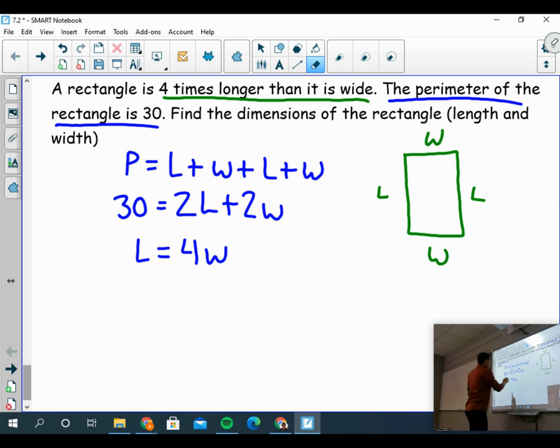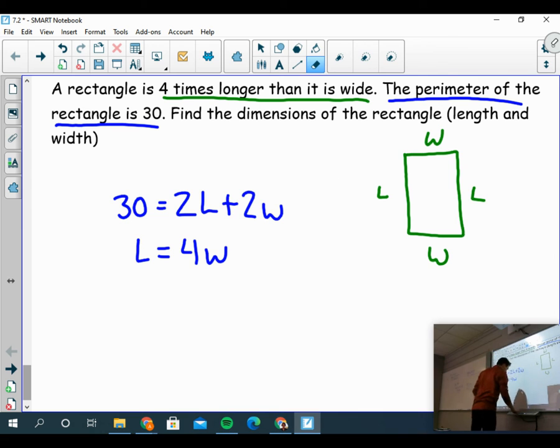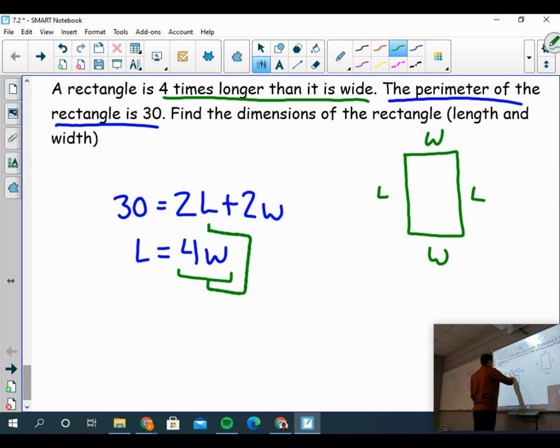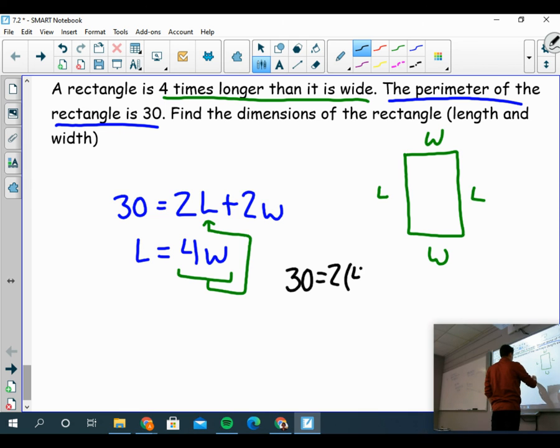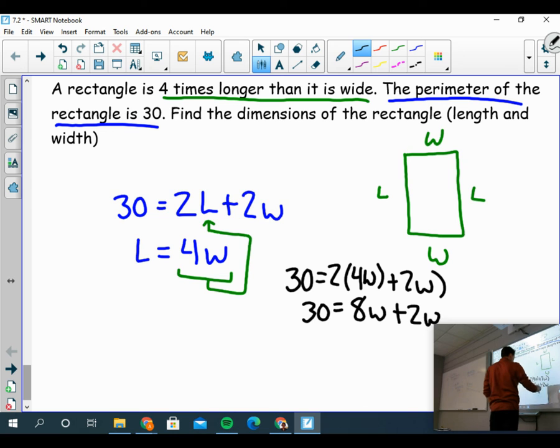Okay, so what we have here now is 2 equations, and not only do I have 2 equations, but already one of my variables is by itself, so I can jump straight to substituting. Let's put 4W in for L. When we do this, we get 30 equals 2 times 4W plus 2W, which simplifies down to 30 equals 8W plus 2W.